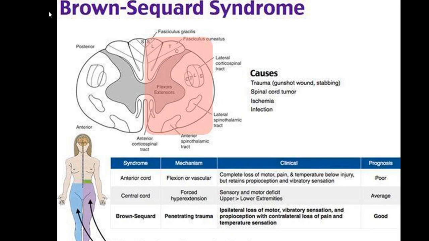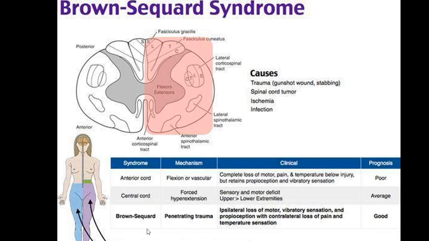Then Brown-Sequard syndrome. This is the hemisection of the spinal cord because of trauma, like a gunshot or stabbing wound, or a spinal cord tumor, ischemia or infection.